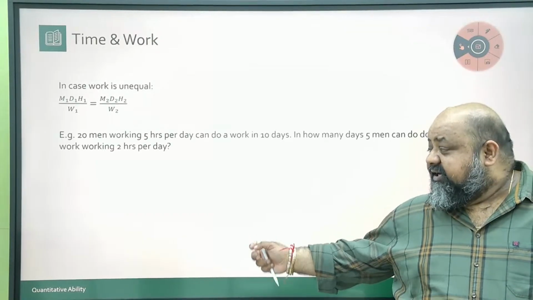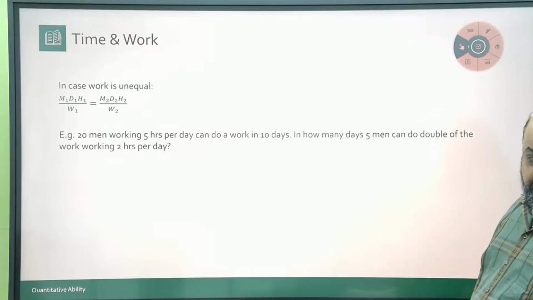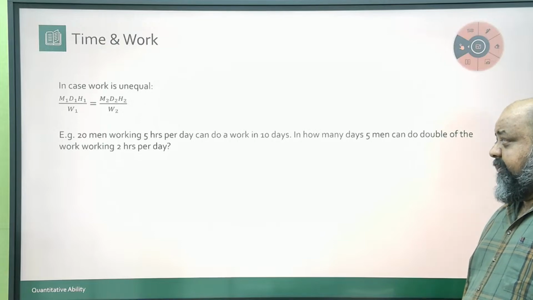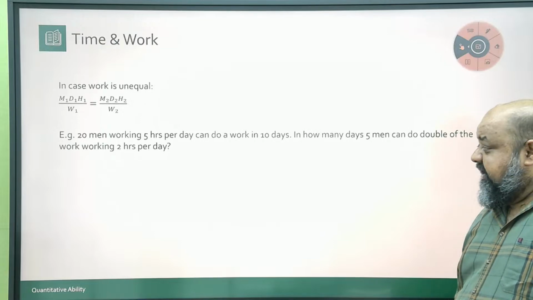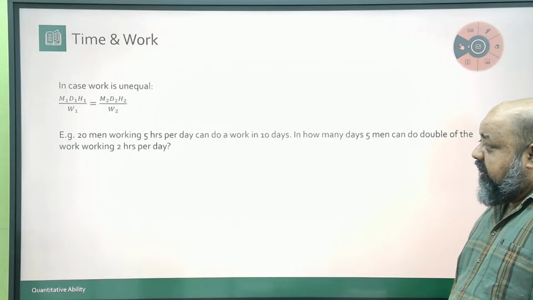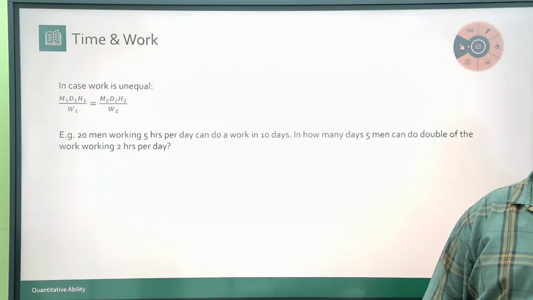Again, a basic setup question. The same information that we were using: 20 men working 5 hours per day and working 10 days. In how many days can 5 men do double the work? The amount of work has changed. Working 2 hours per day.